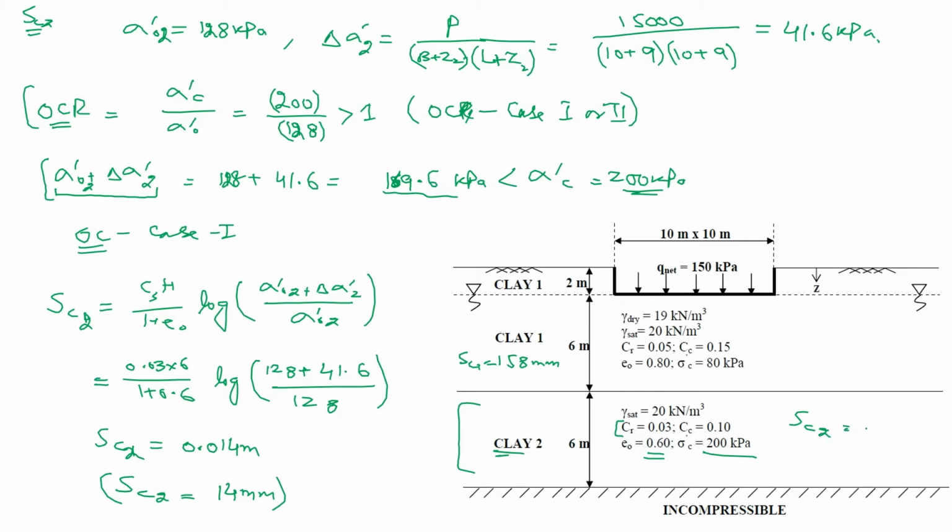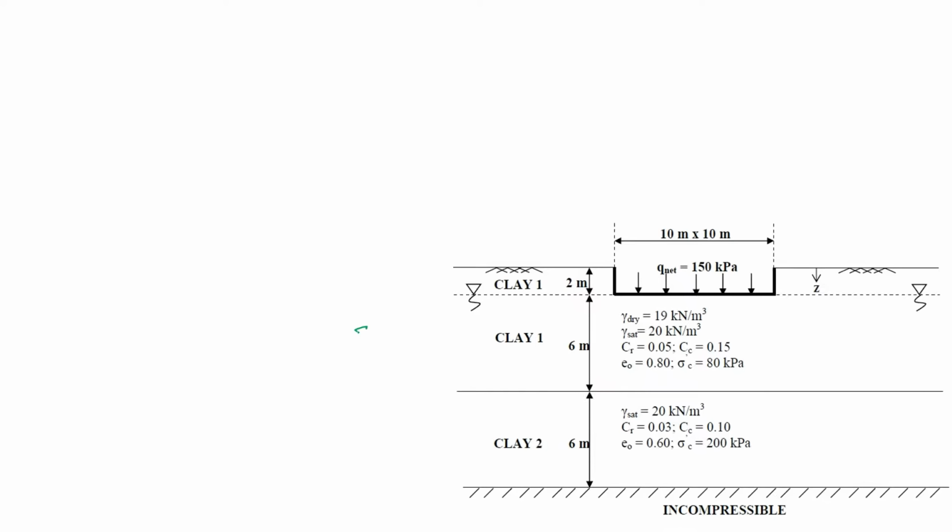So if we want to find the consolidation of whole clay between foundation and this incompressible strata, we will simply add these two settlements. Simply SC1 is equal to 158 millimeters and SC2 is equal to 14 millimeter. What will be SC in one dimension? Because we are considering the vertical direction only, it will be equal to SC1 plus SC2. That is equal to 158 plus 14.